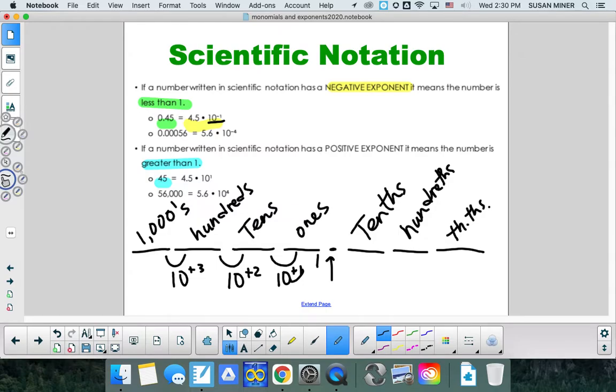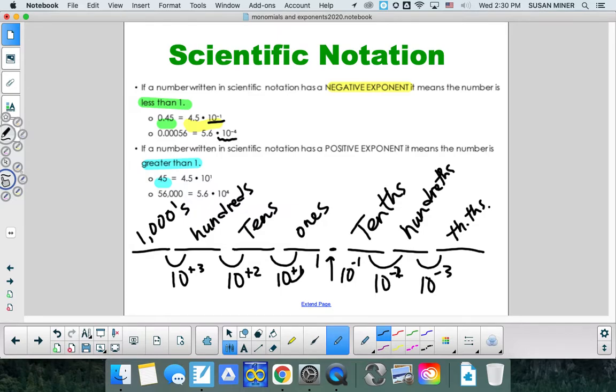And then back here, I am going down in power. Sorry, this would be 10 to the negative 3 here. This would be 10 to the negative 1, right? Okay. So now you can kind of see where this piece of our scientific notation comes from.